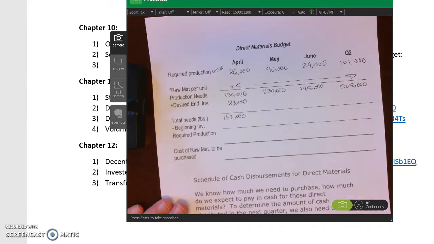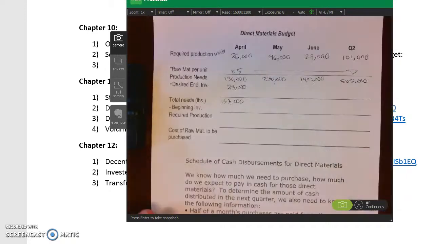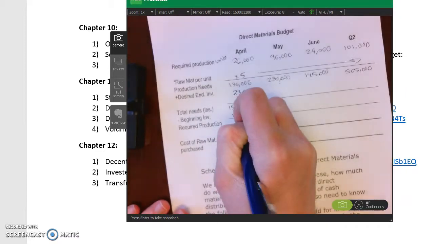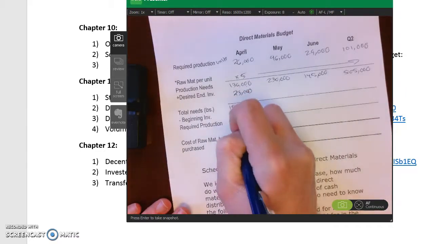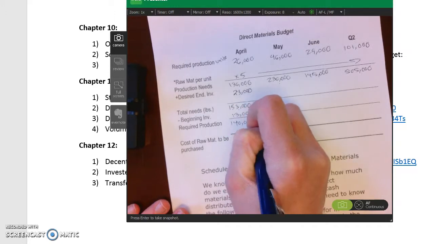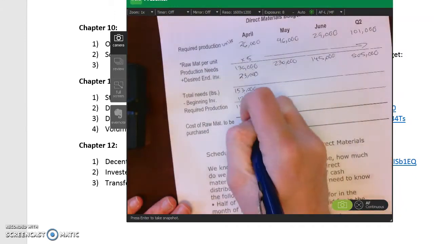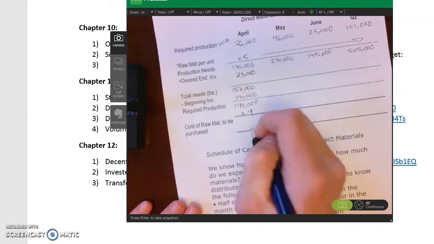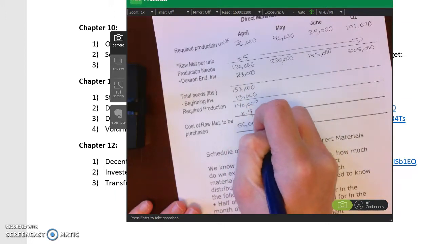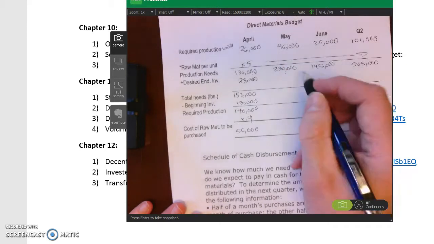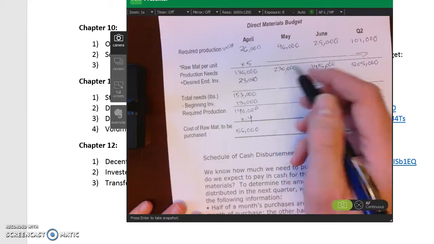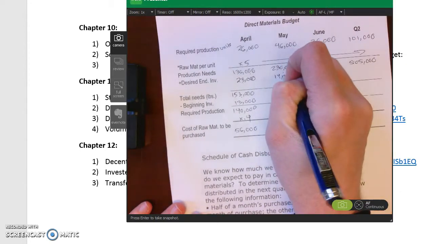Now it says right over here, my beginning materials inventory was 13,000. So my required production for April is 140,000. It says over here, my cost per pound is 40 cents, times 0.4. That gives me the cost of $56,000 right there. Then I'm going to repeat the same process over here for May, 14,500.